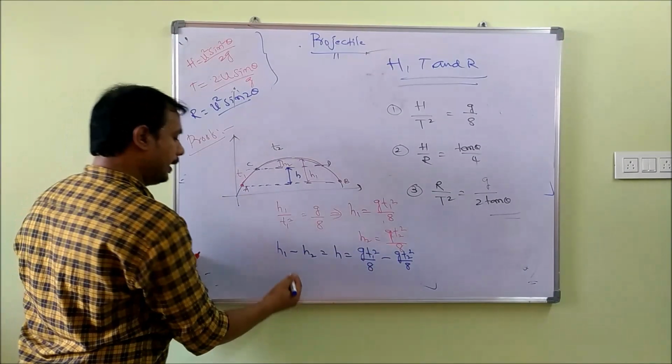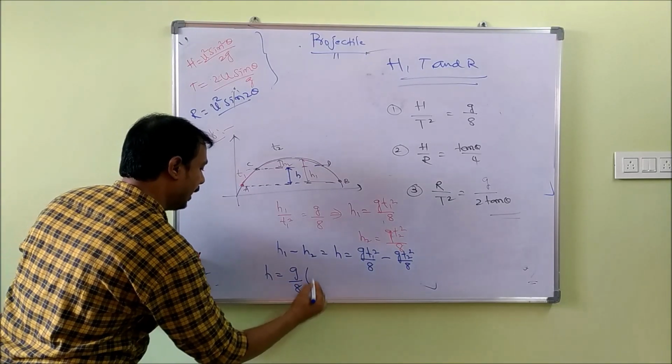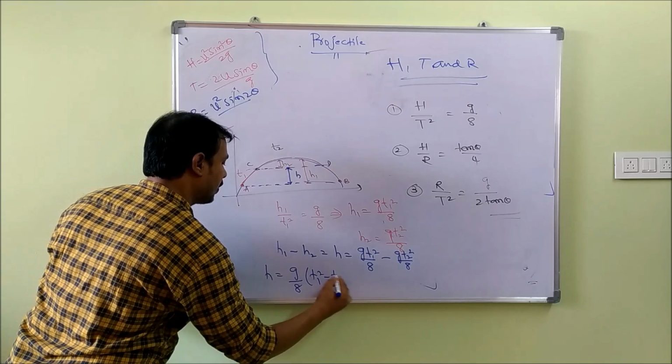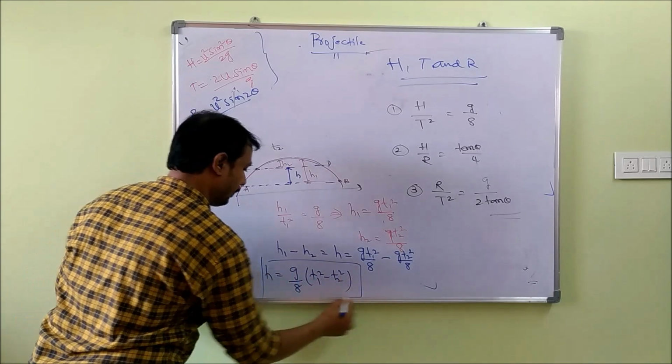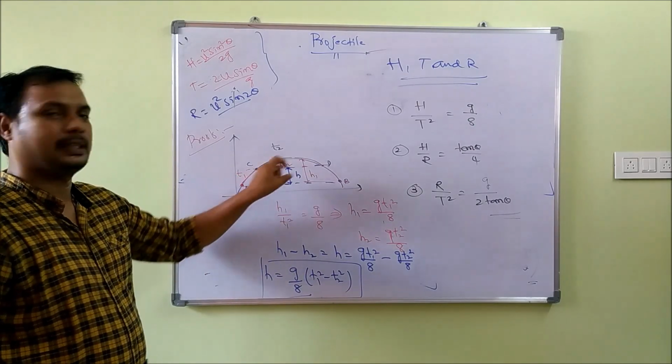So g by 8 is taken as common, then h becomes g by 8 times t1 square minus t2 square. So this is the height difference between AB as well as CD.